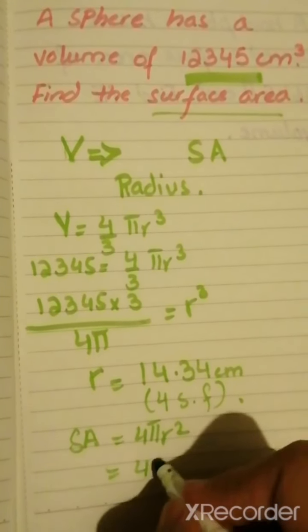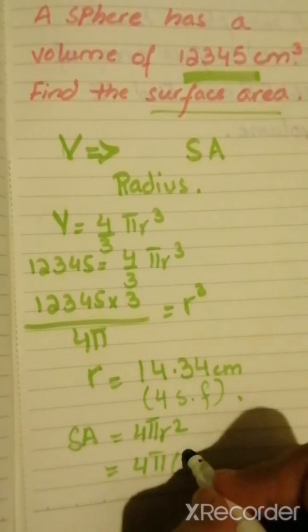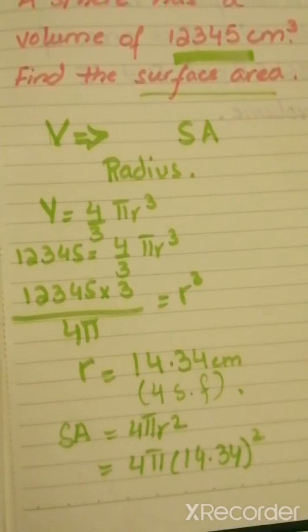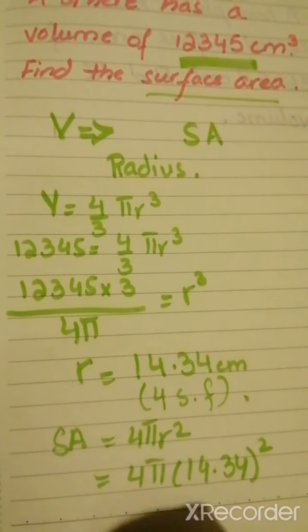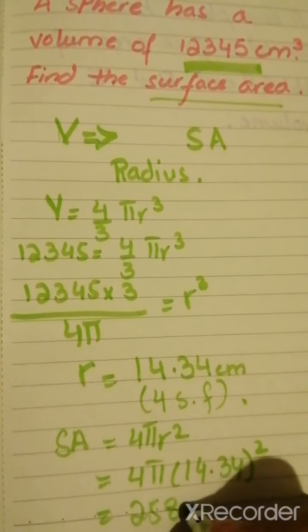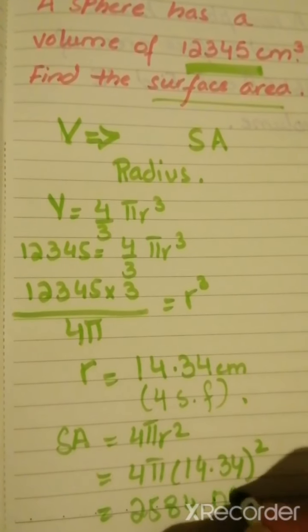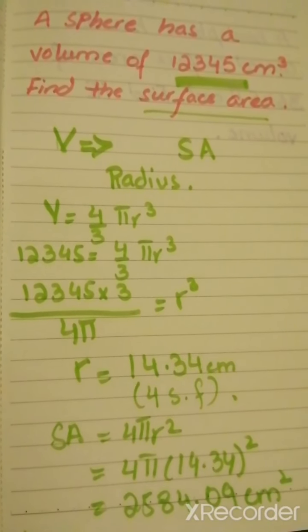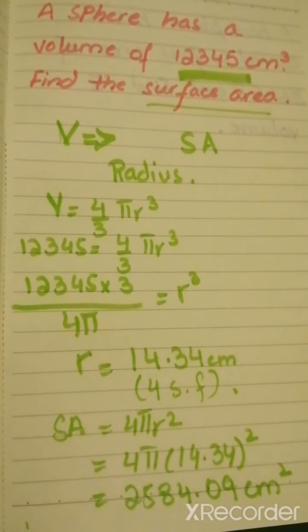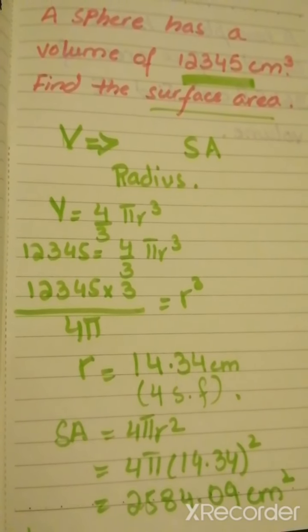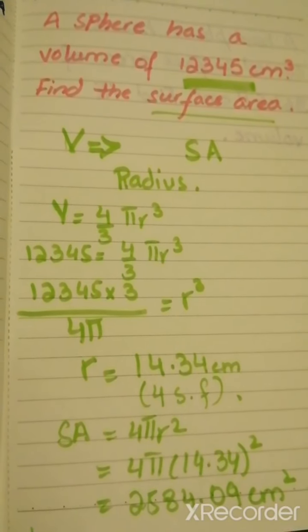So 4 pi into 14.34 square. Your final answer comes out to be 2584.09 centimeter square. You can leave it as it is or round it off up to 3 significant figures, which will be 2580 centimeter square.